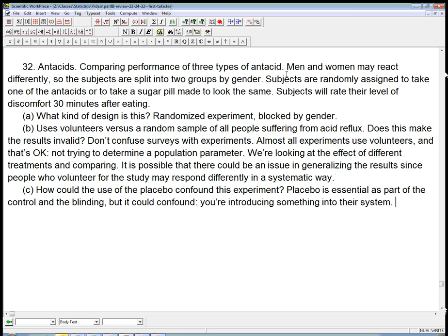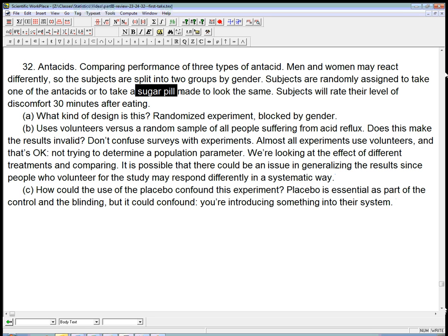But with antacid, or with acid reflux specifically, just putting something into their stomach, even just a little pill, might actually make their stomach chemistry change and might have some sort of effect. So that's exactly a confounding variable, where you'd like it to be just, are they getting the particular medicine, which kind of medicine, or no medicine?